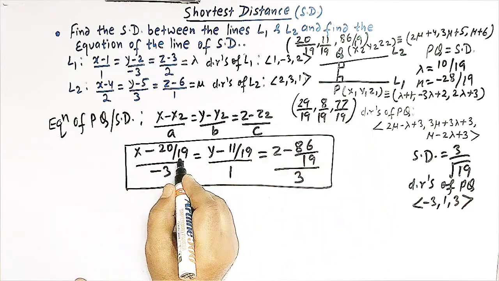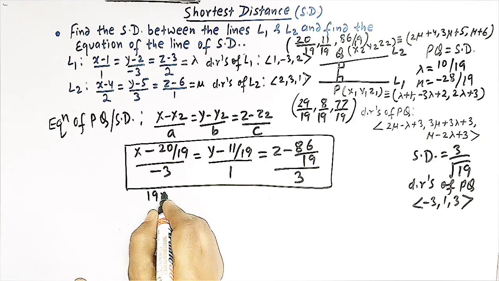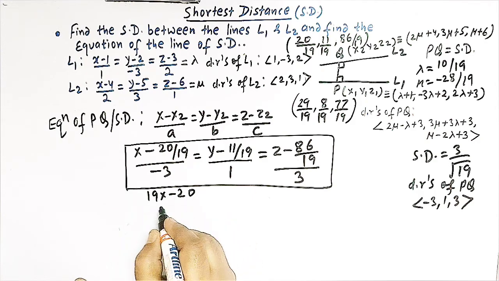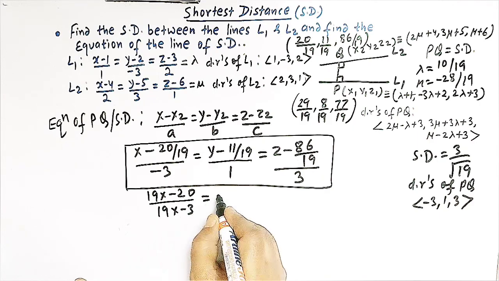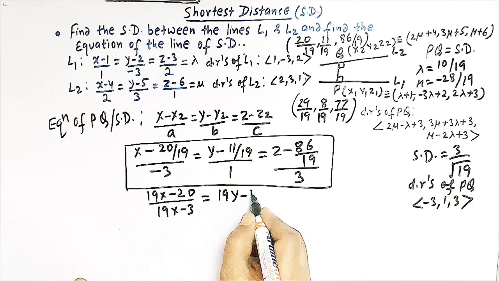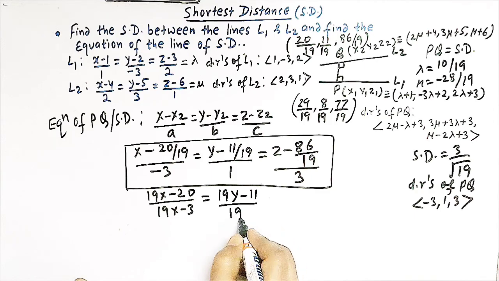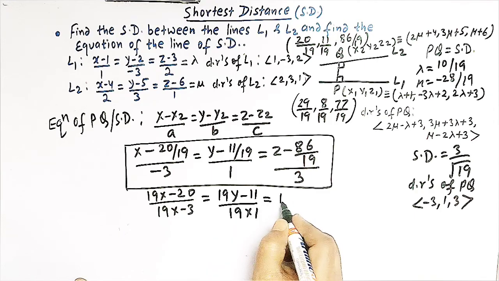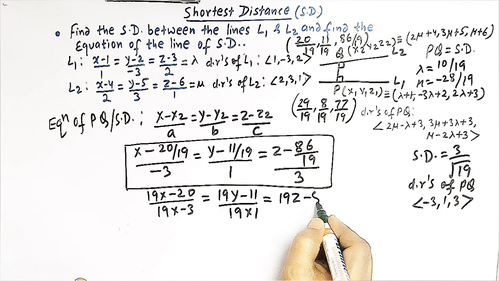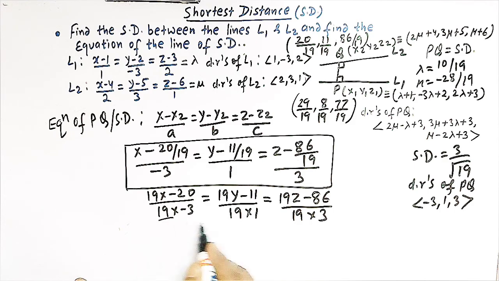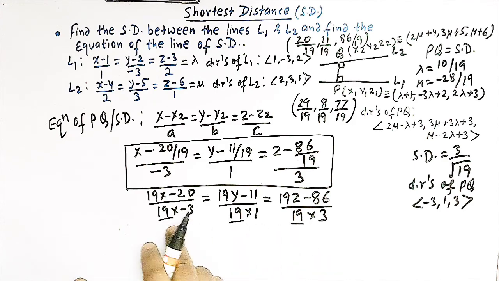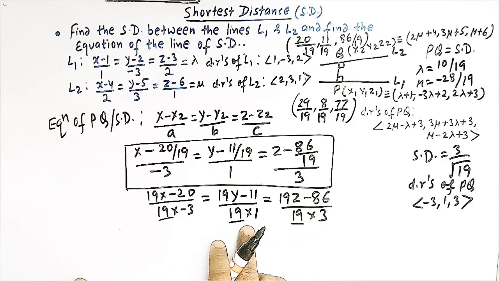So we can also write it like this: 19x minus 20 over 19 times minus 3, then 19y minus 11 over 19 times 1, and 19z minus 86 over 19 times 3. So again, this factor 19 appears in all the three terms.